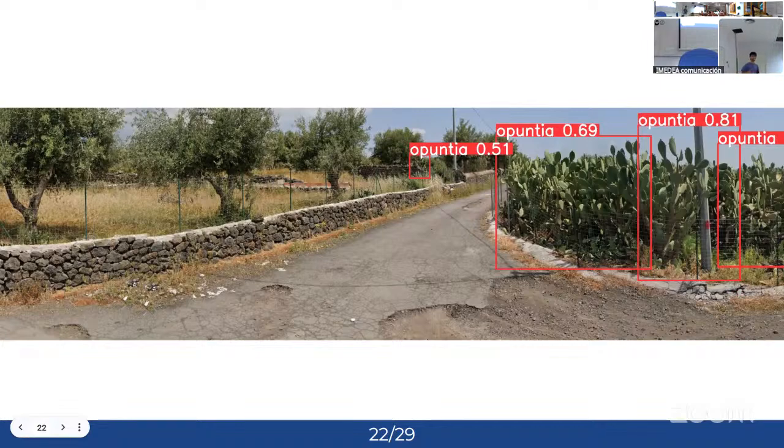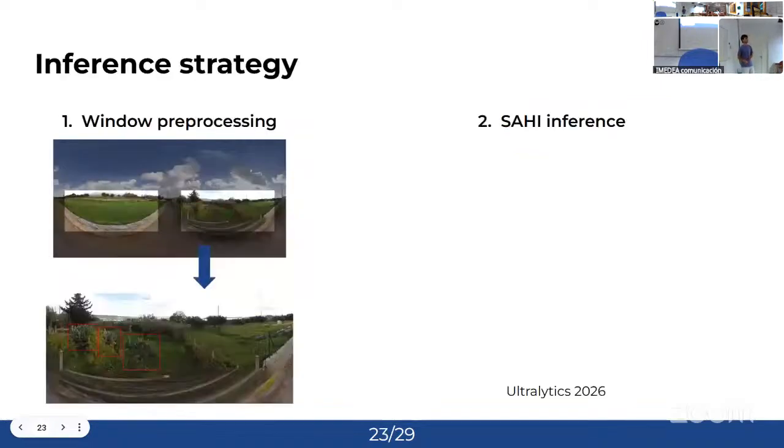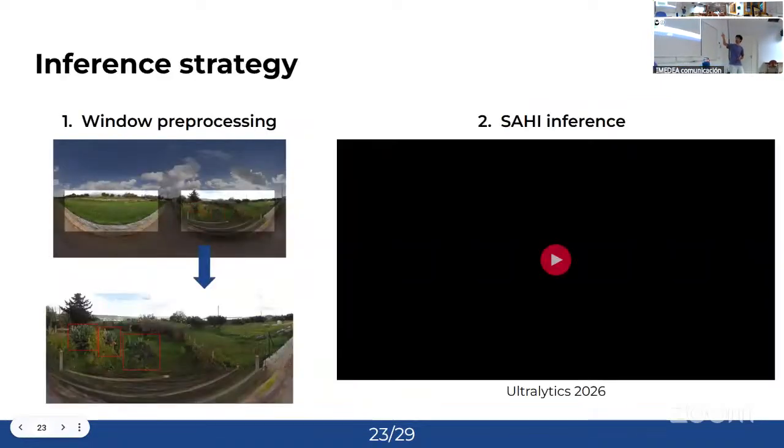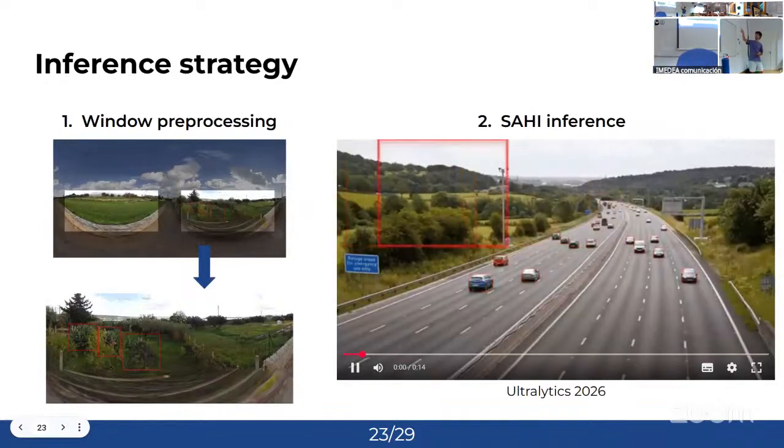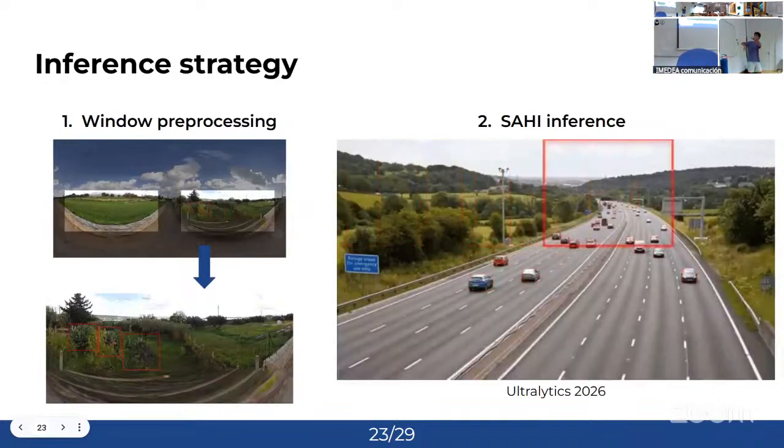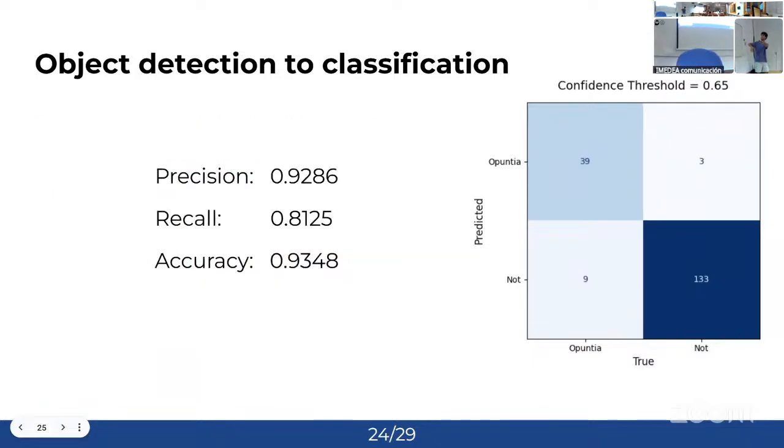Well, the processing works with all the predictions in the test data, and I just filtered by the confidence. I filtered by a confidence threshold of 0.65, which reduces the number of false positives.